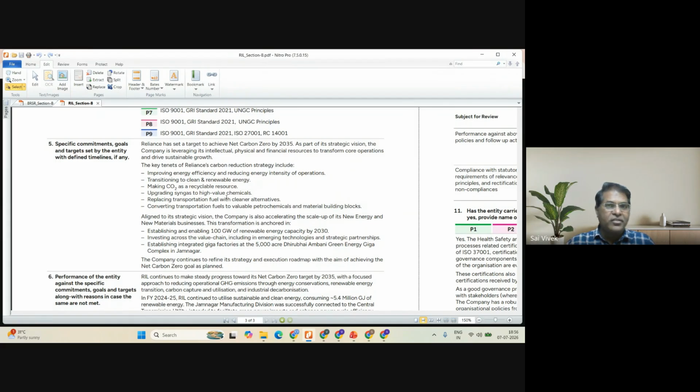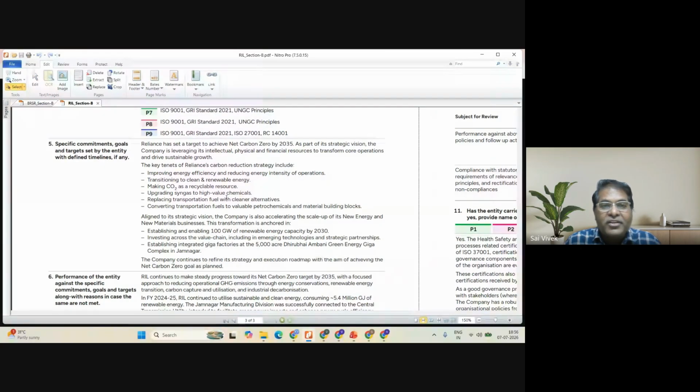You will be surprised if I say that syngas can be used to provide fertilizers. It can be used even to produce diesel, synthetic diesel. So valuable is this syngas. This way, syngas can be upgraded to high value chemicals. So we'll see if Reliance actually does this.